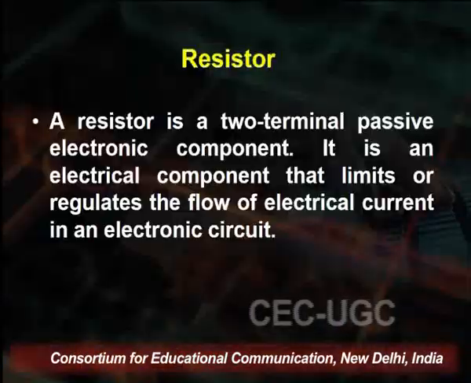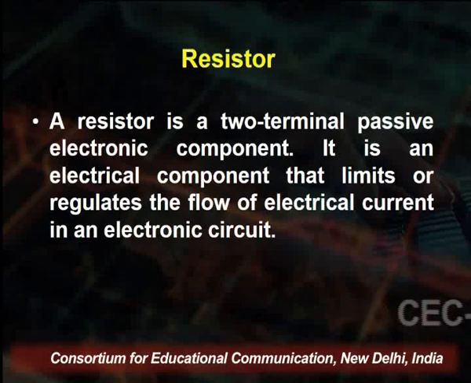Components specially designed to have a certain amount of resistance, used to oppose or limit the electric current flowing through the circuit, are called resistors. A resistor is a two-terminal passive electronic component.